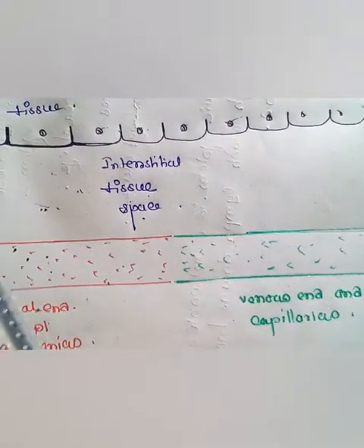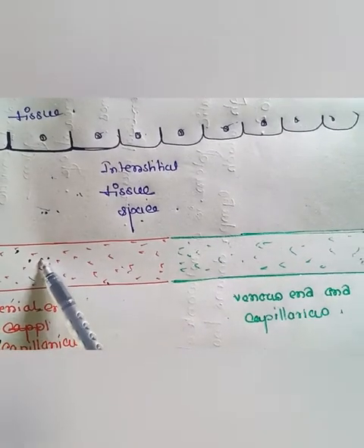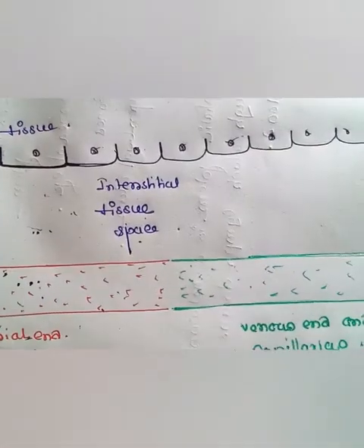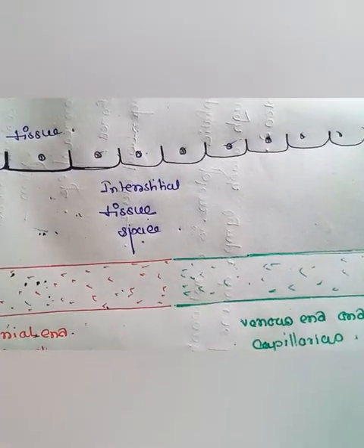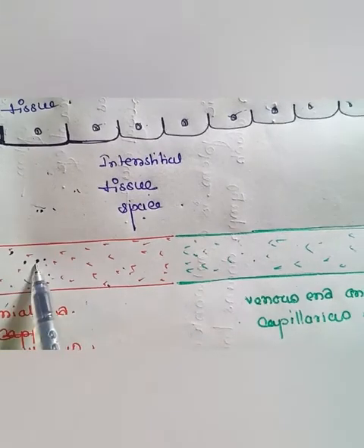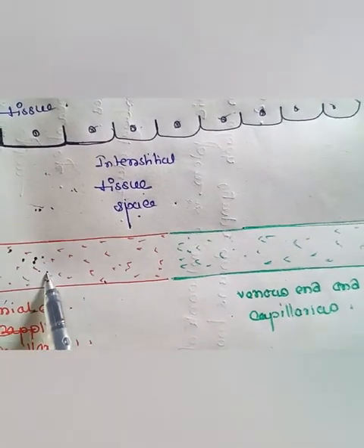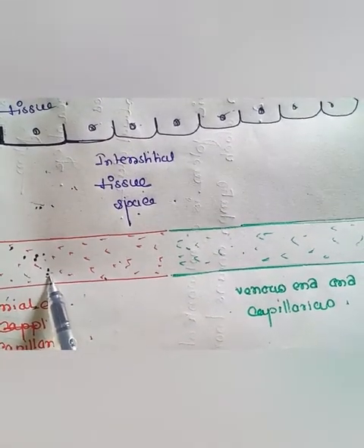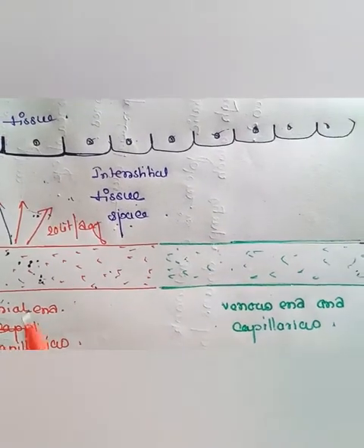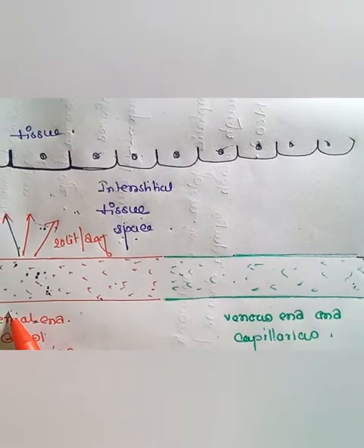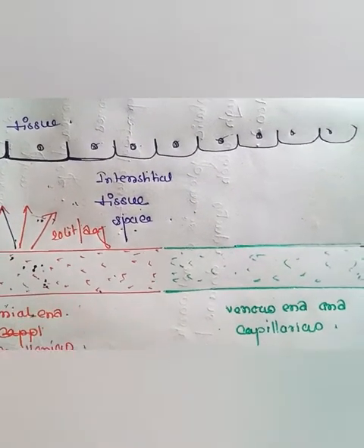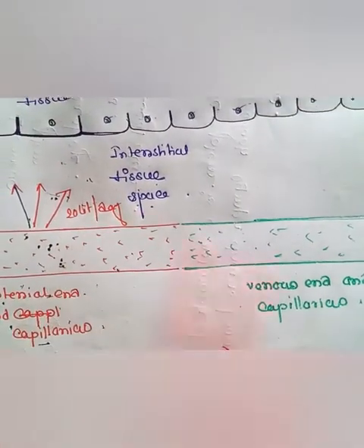The arterial end of the capillary carries blood from the heart and sends fluid into the tissue space. In the capillary end of the artery, blood cells and plasma flow. Every day, 20 liters of fluid leak from the capillary end of the artery into the tissue space.